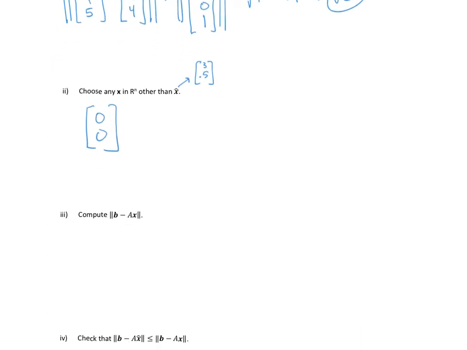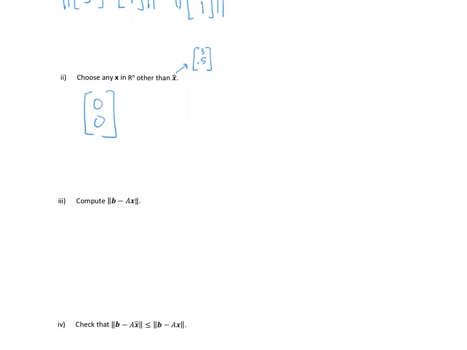Okay, so A times x, A was 1, -1, 1, and 2, 4, 2. And I have to multiply that times 0, 0, and I will get 0, 0, 0.